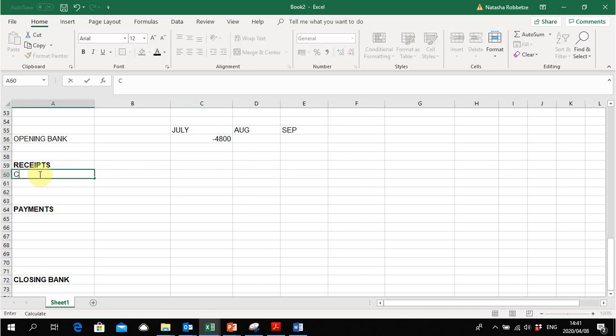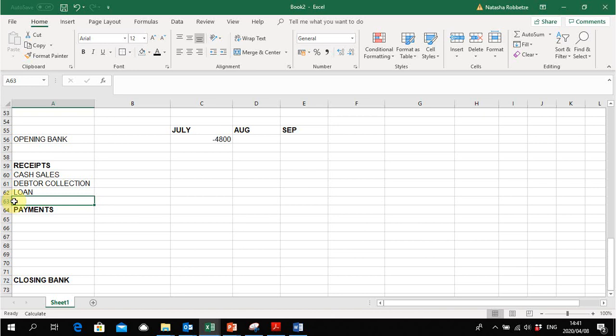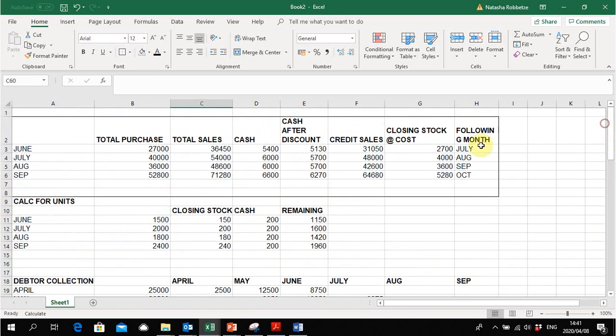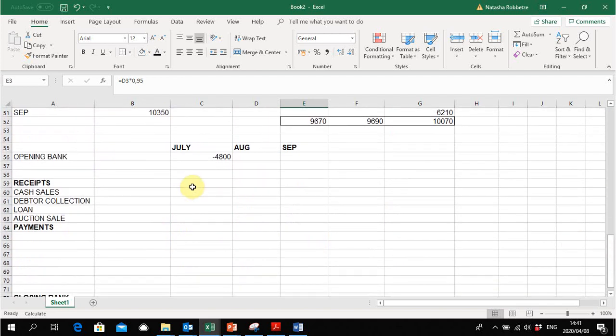Then our receipts, I know that there are some cash sales that we need to record and also some debtor collections. And in the one instance, we also receive a loan. So what are the cash sales? Oh, and in the other one, there's also an auction sale that takes place. So the cash sales for July, if I go back to my table, our cash sales after discount, 5,130.